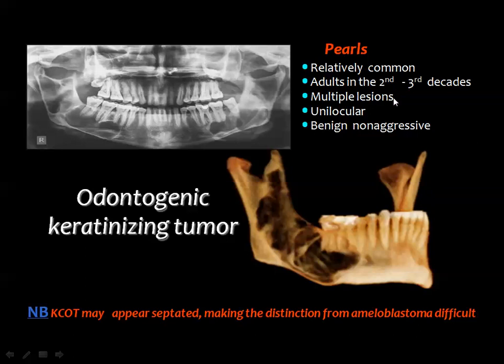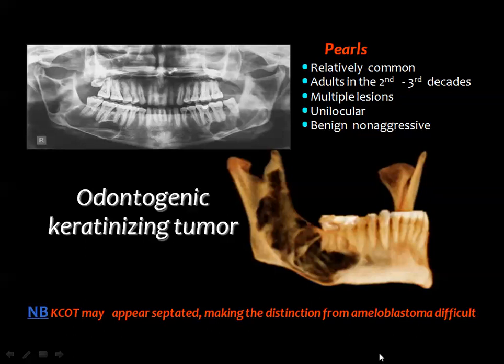This lesion is basically unilocular, and a minor percentage of ameloblastoma occur unilocular. In most of the cases it is benign with non-aggressive characters, although some of the lesions may show a little bit aggressive characters.